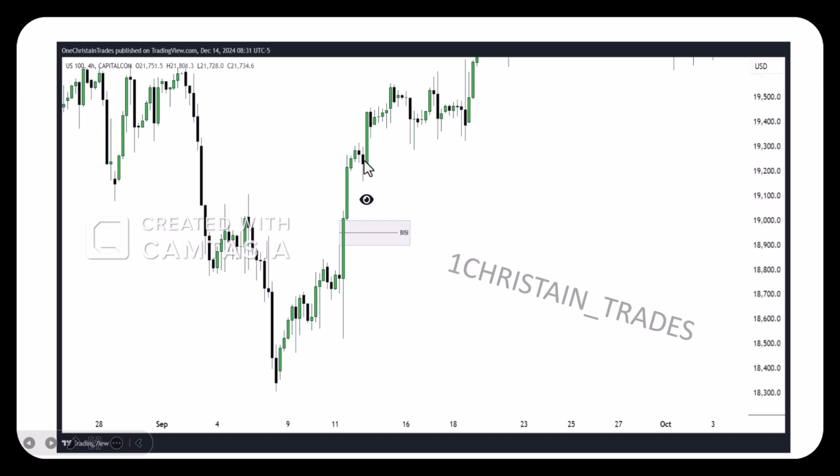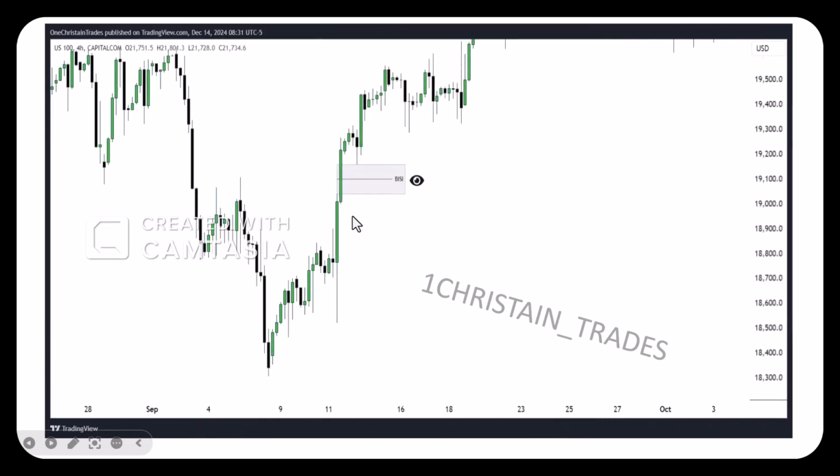But what do we get here? A little bit of delivery has occurred here. So now, from the high of this candle to the low of this candle right here, that area hasn't been balanced out. So we are anticipating price to finally come back to it at a later point in time to balance this out.